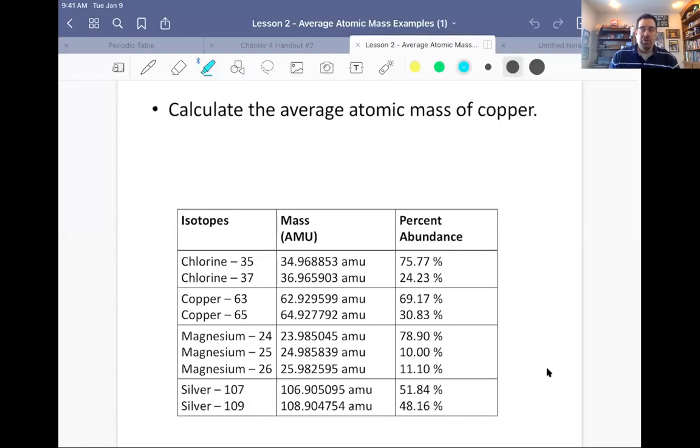By the way, I did want to make mention before we did this example. A good example of a weighted average is a grade that's calculated in a class that has categories. If you think of this class, for example, your homework and your tests are weighted differently. Your homework is 40% of your grade and your tests are 60% of your grade. What that means is I take the percentage of homework points you have and multiply it by 40%.